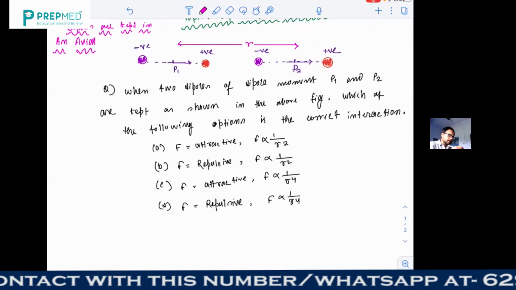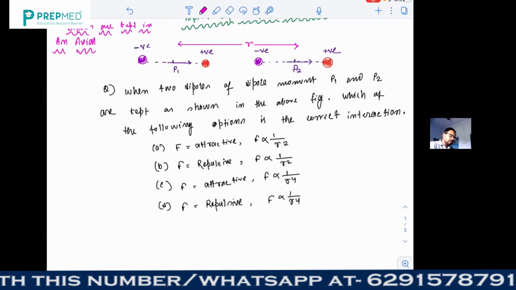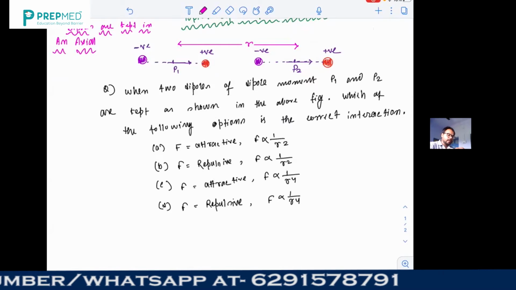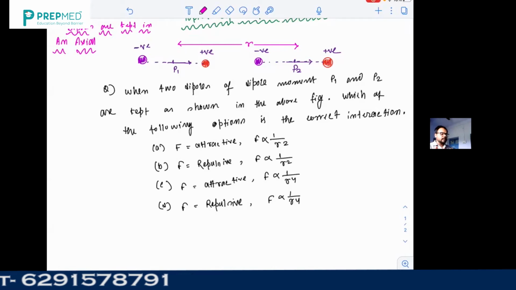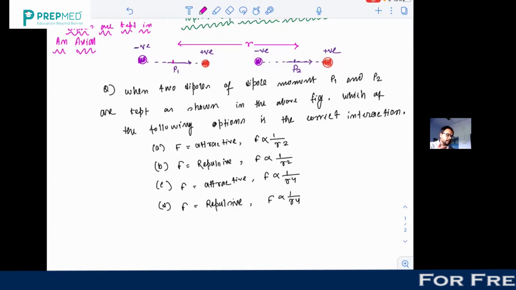See what is actually happening. This dipole P1 will create an electric field near the dipole P2. So dipole P2 is actually in the electric field of P1. Now tell me how you can find the amount of electric field.